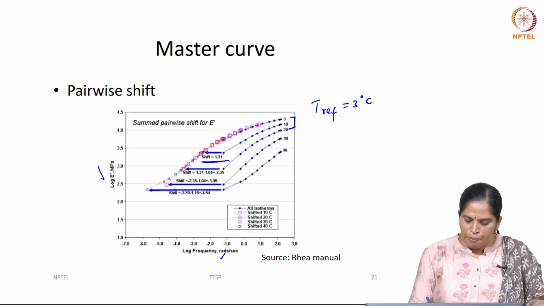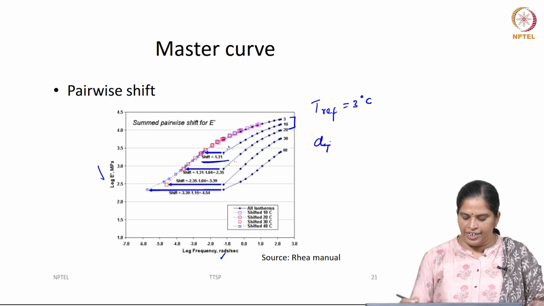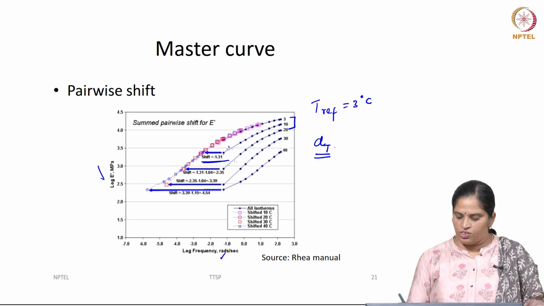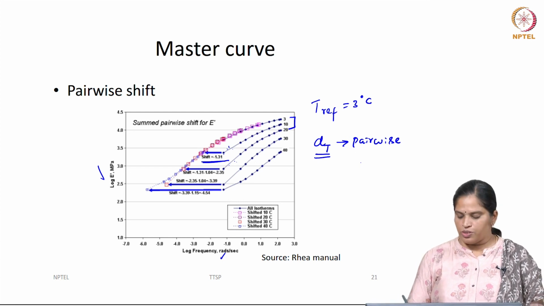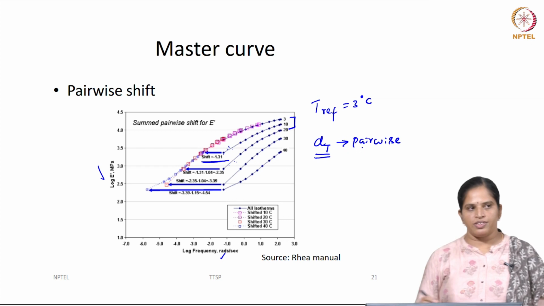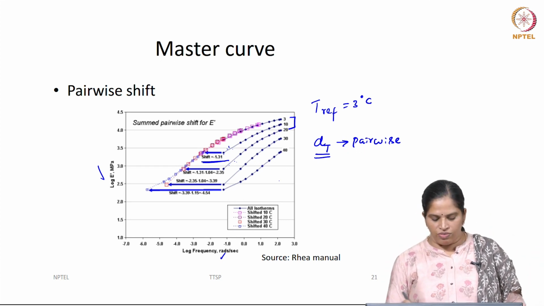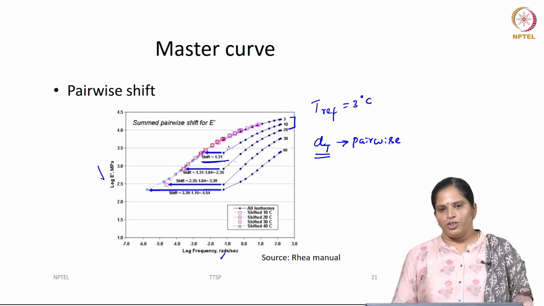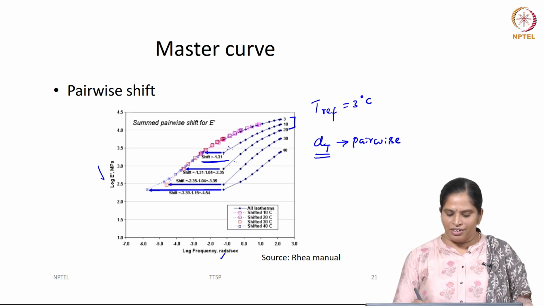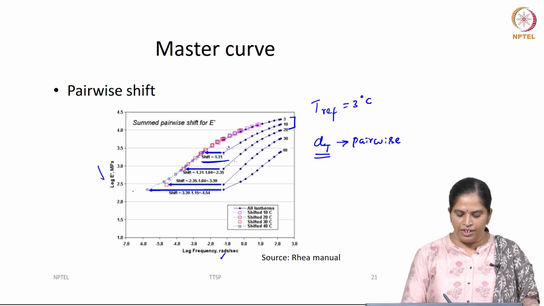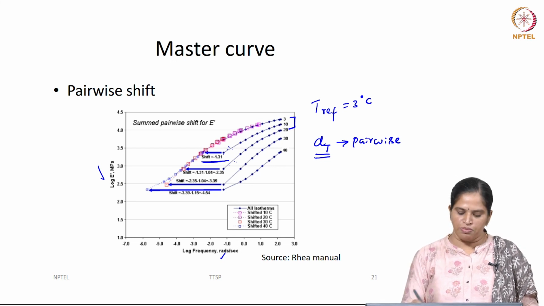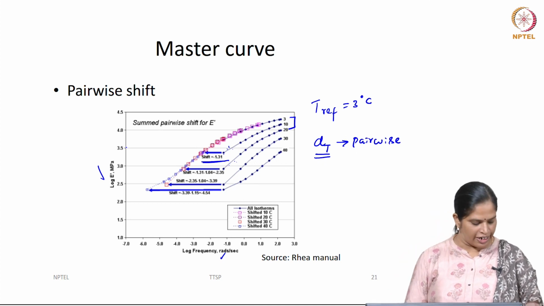So do a pairwise shifting, find out the value of aT based on the pairwise shifting, and shift the data. This is one method, and we call it free shifting. In this free shifting process, we do not assume or give any trend for the final master curve. We just find out the shift factor between two pairs of isotherms and then shift the data.